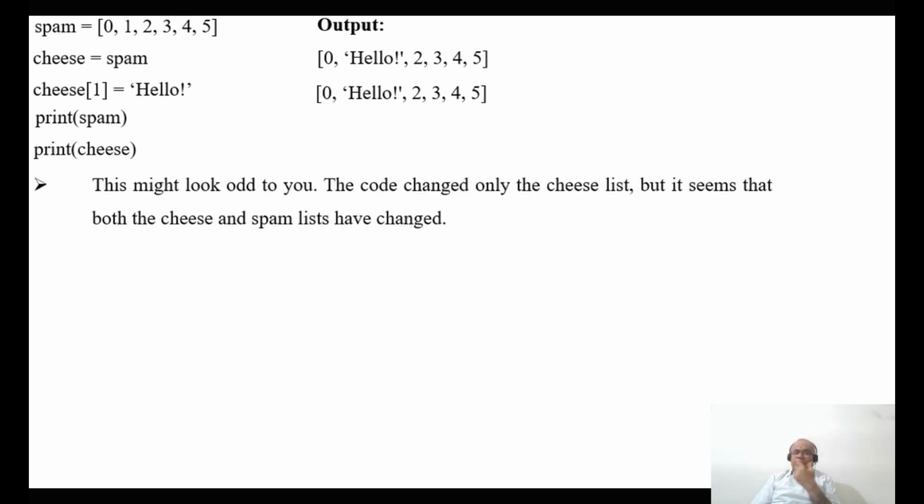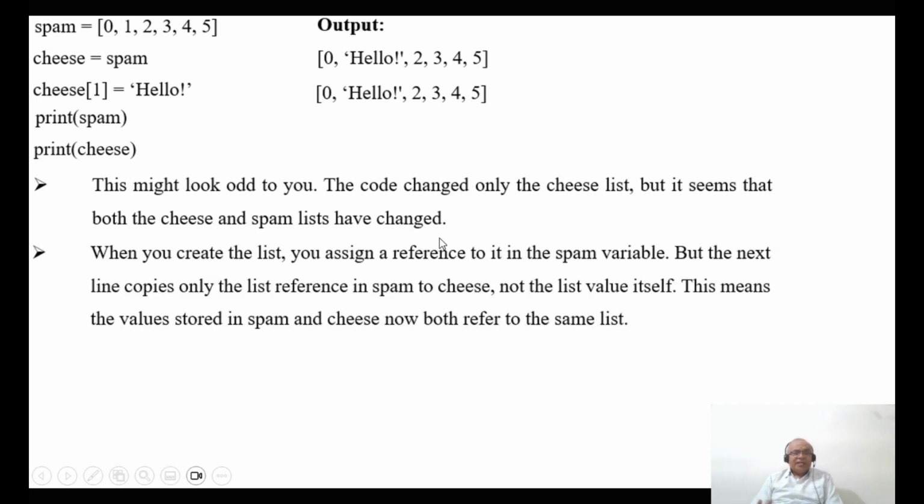This might look odd to you. The code changed only the cheese list, but it seems that both cheese and spam lists have changed. When you create a list, you assign a reference to it in the spam variable. But the next line copies only the list reference, as I told you. Only the list reference in spam is copied to cheese, not the list value itself.